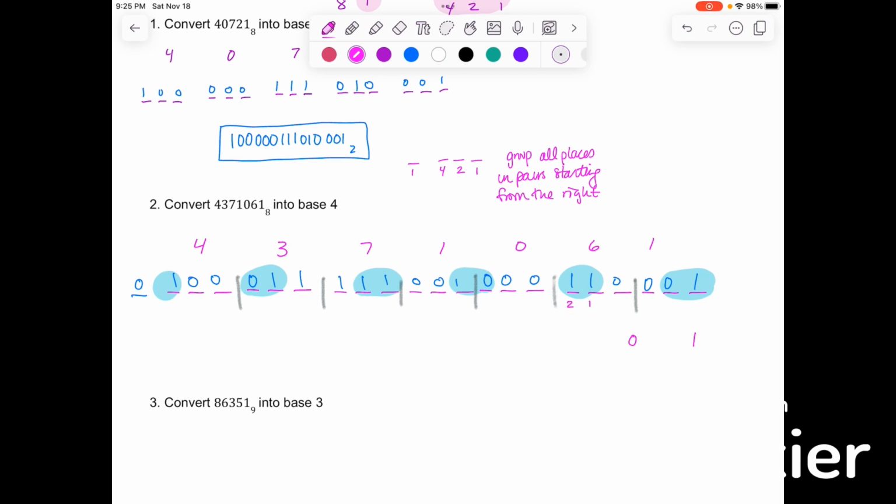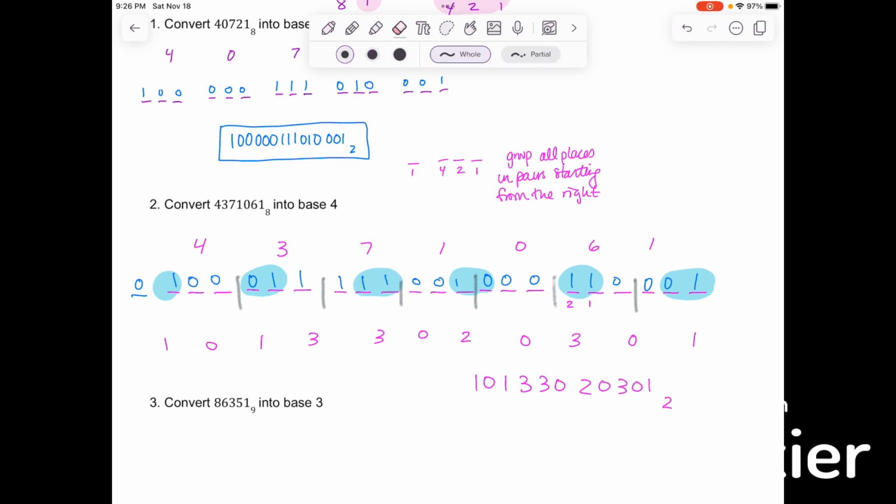So this would be a 3, this would be a 0, 2, 0, 3, 3, 1, 0, 1. All right, 1, 0, 1, 3, 3, 0, 2, 0, 3, 0, 1. And that would be my equivalent in, goodness gracious, I'm sorry, I'm writing so many things wrong. My equivalent in base 4.